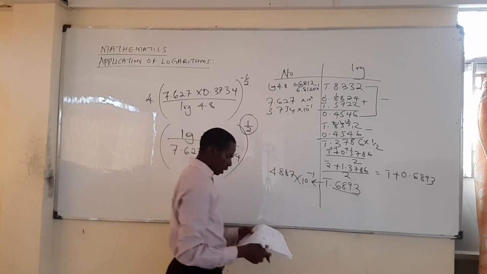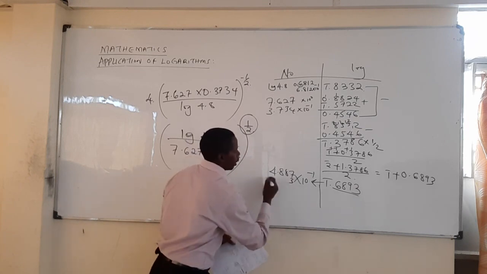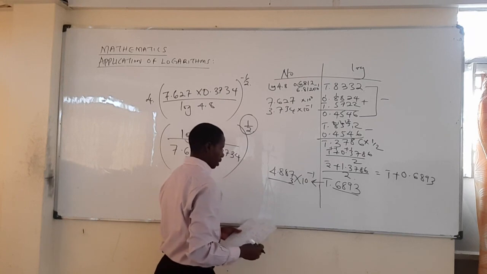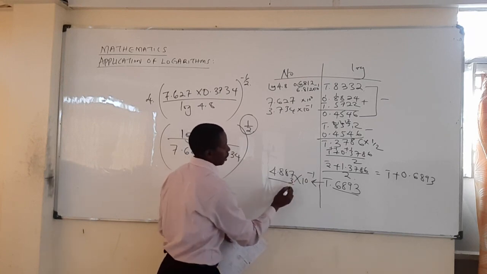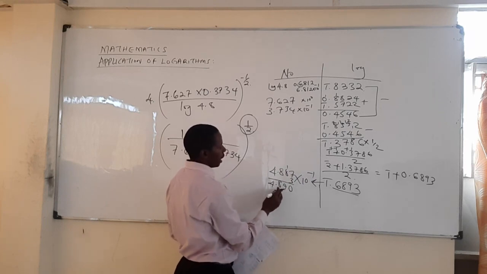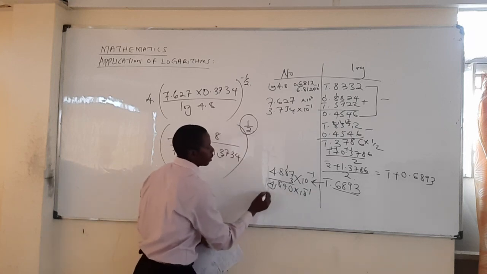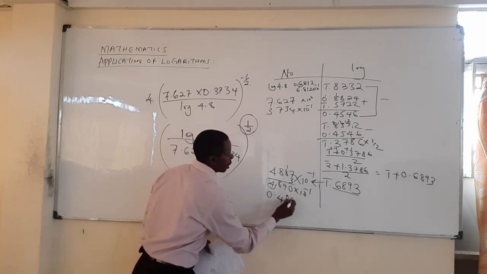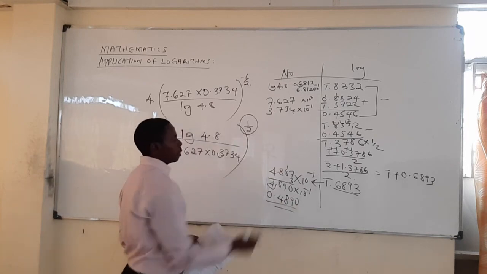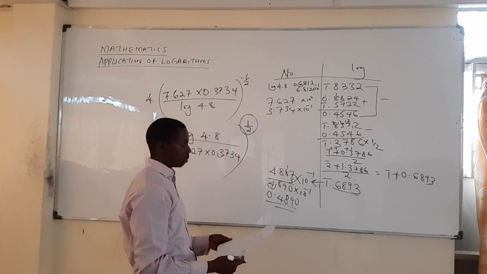Then we add 3, which corresponds with 3, and get 4.890 times 10 power negative 1. We go back one step, we get 0.4890. So that's how you can solve that kind of question using logarithms.